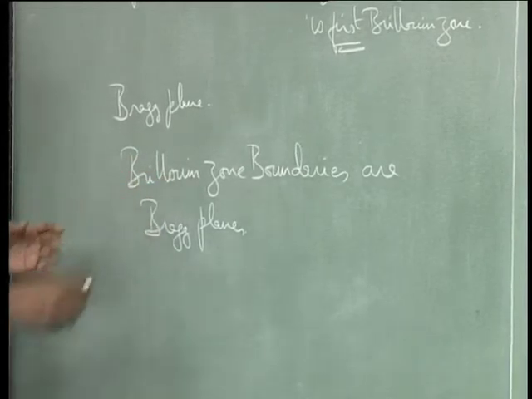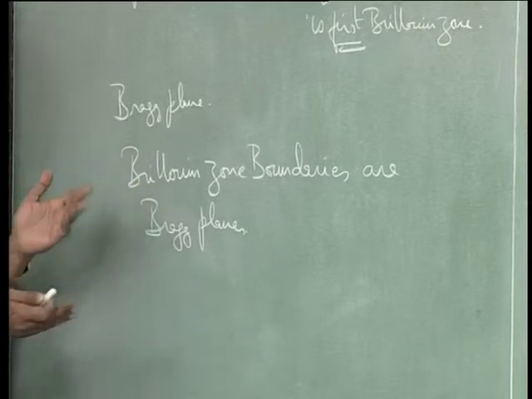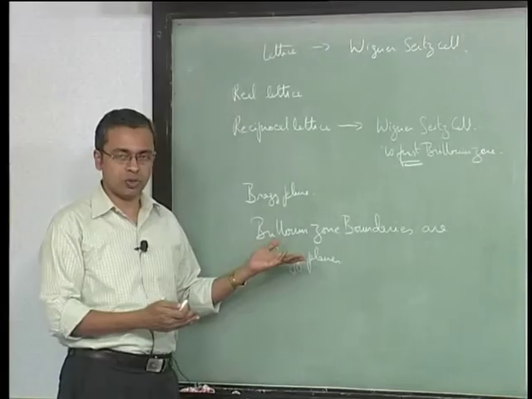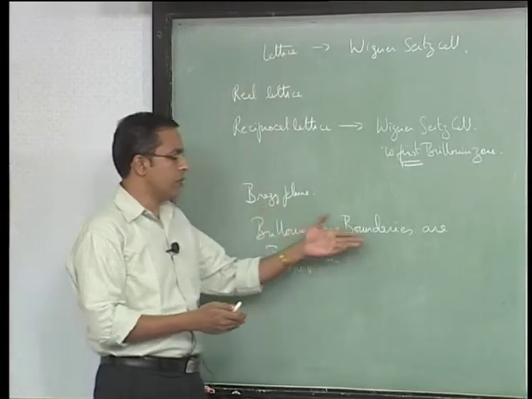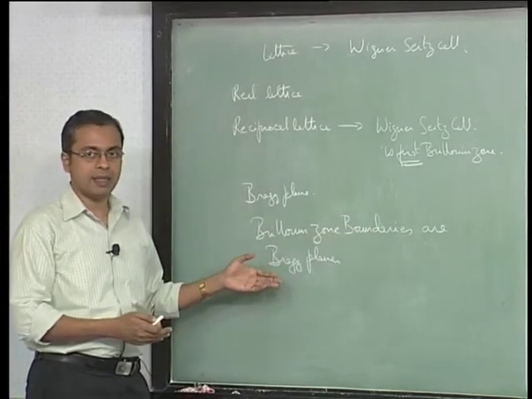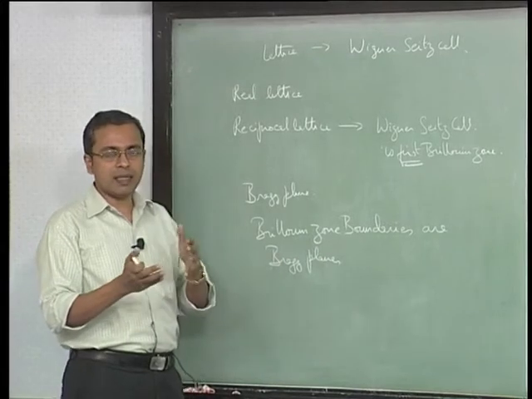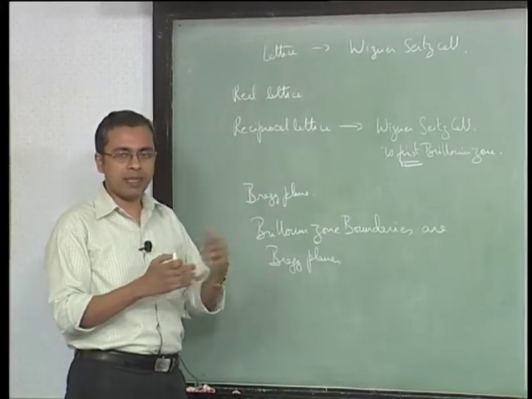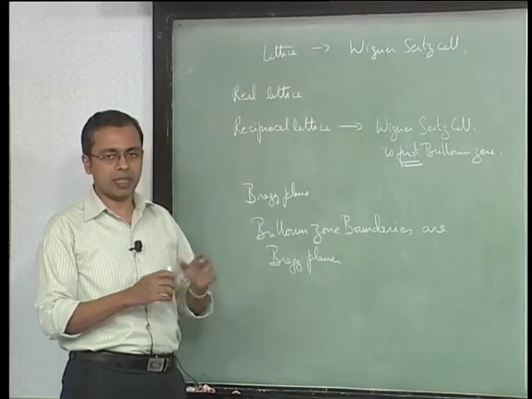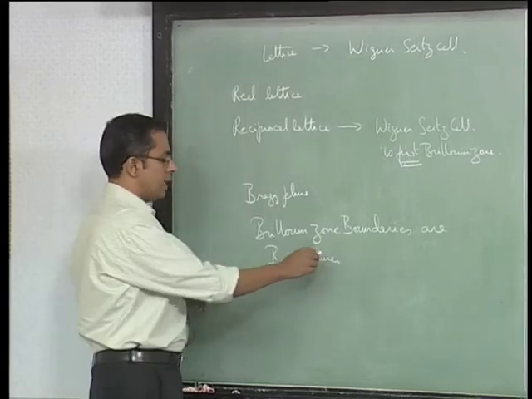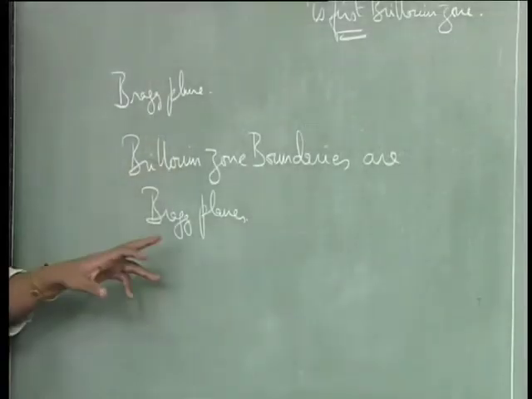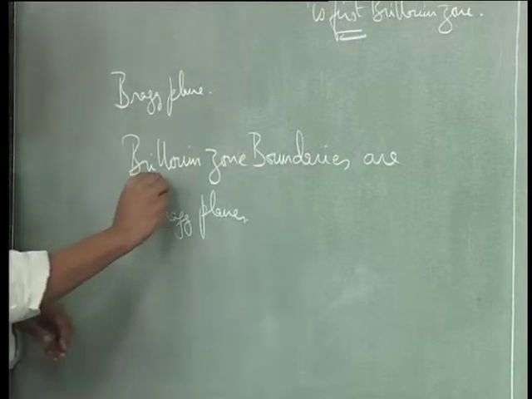But now having defined it, we understand that in any structure when I identify the Brillouin zones, effectively all the boundaries of those Brillouin zones are Bragg planes, and if it is the nth Brillouin zone, then at the boundaries we have crossed n-1 Bragg planes, we have not crossed the nth Bragg plane. So that is how the Brillouin zone is. So effectively the Brillouin zone boundaries are Bragg planes. So this is a very important piece of information that you should keep in mind.